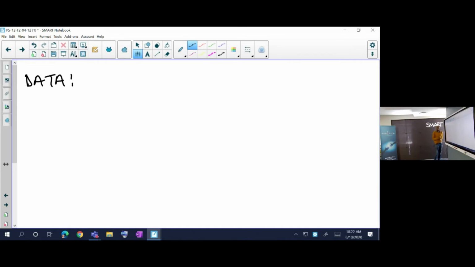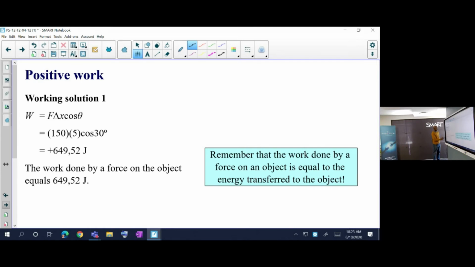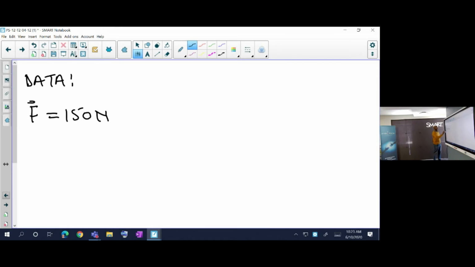This is the data that we are just going to have: the force is 150 Newton, theta is equal to 30 degrees, and the displacement is equal to 5 meters. This is the information that has been given.